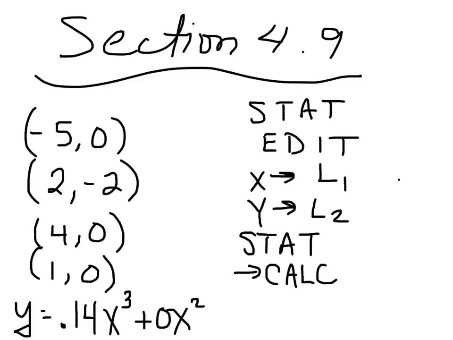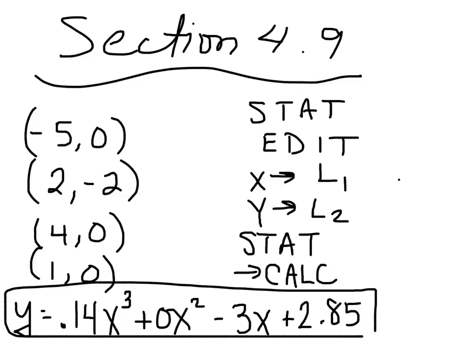Sure I could have. But there's no need if you don't want to. Then for C, what was C, Sarah? -3x, and then what was the d, or the constant? 2.85. Plus 2.85. Anything else? Nope. And that's your answer, right?